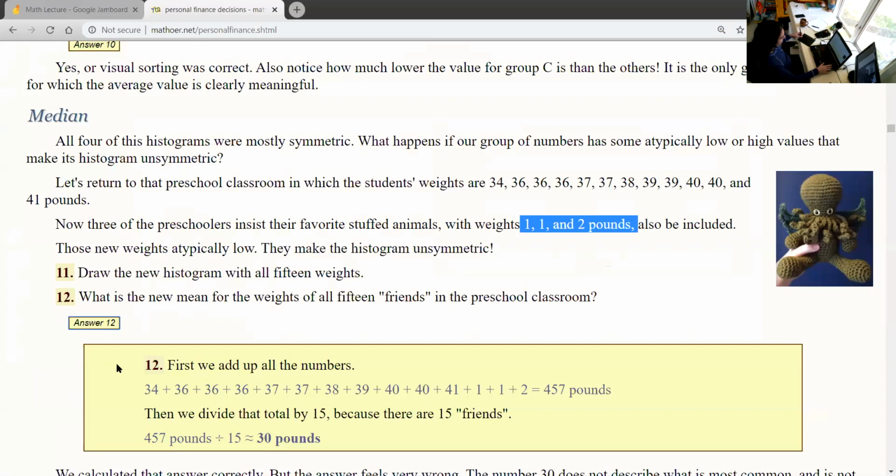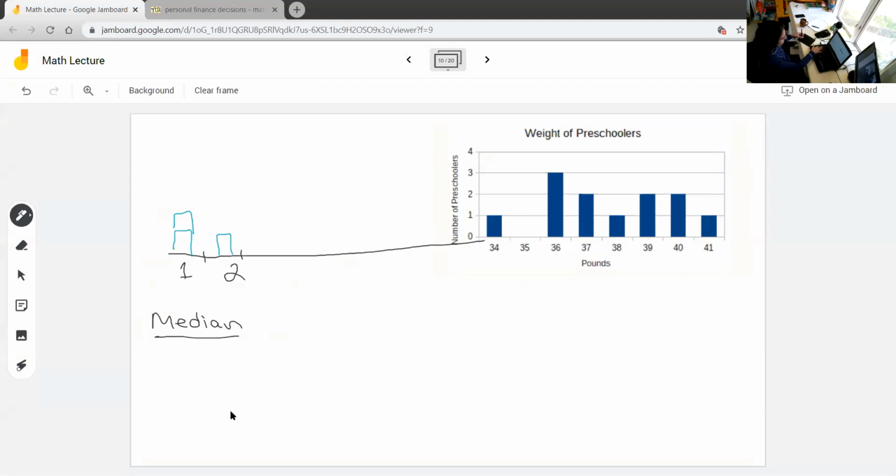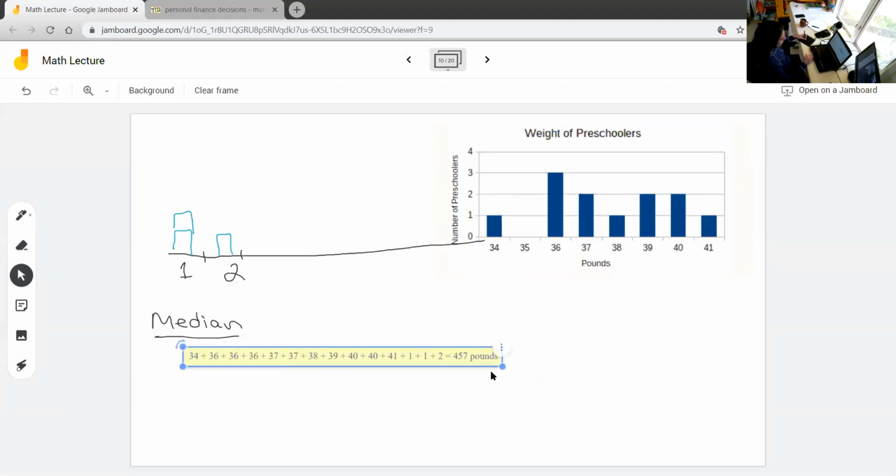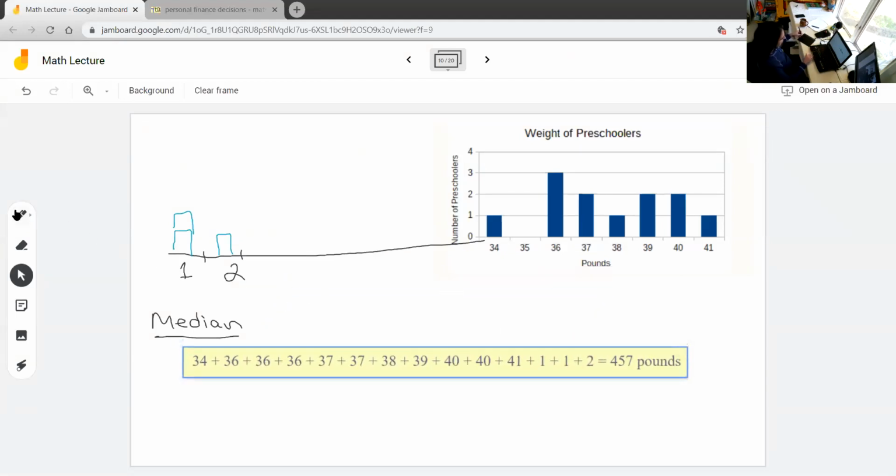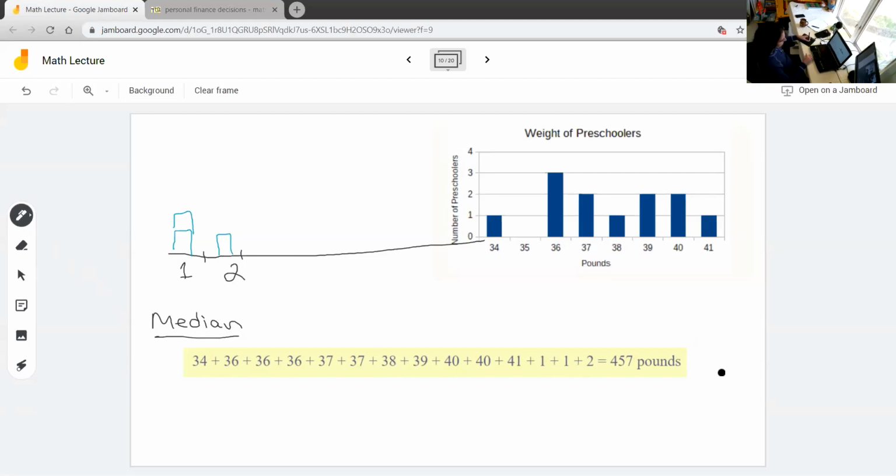So we could add up all these numbers. Did we leave out the 1 and the 2? No, I did put it there. Okay. I don't want to bother to count everything out, so I'm just going to steal my thing here. So we did the sum.